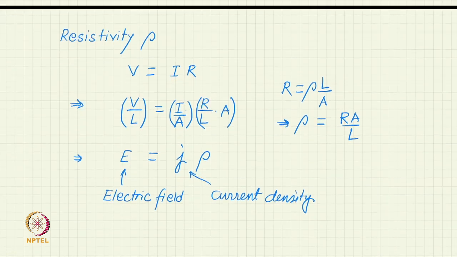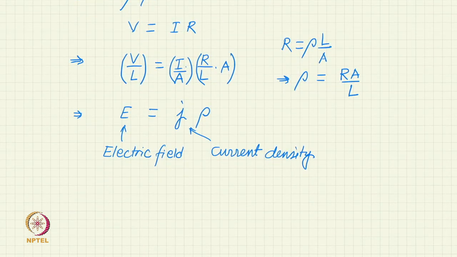So, we get the equation E is equal to J rho, or if we want to write it in terms of J, the current density is 1 by rho times the electric field, and we define the reciprocal of resistivity as conductivity.